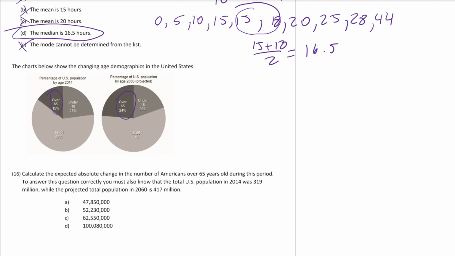So we're asked to find the absolute change, and therefore we need to know how many people there were of that age in each time period. So in 2014, the population of the people over 65 is 15% of 319 million.